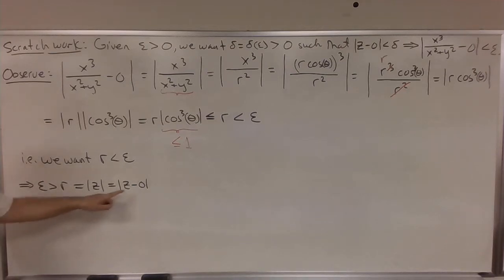So epsilon is greater than modulus of z minus 0, or modulus of z minus 0 is less than epsilon.